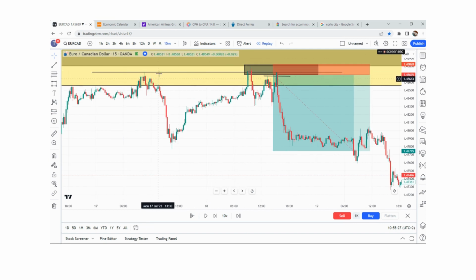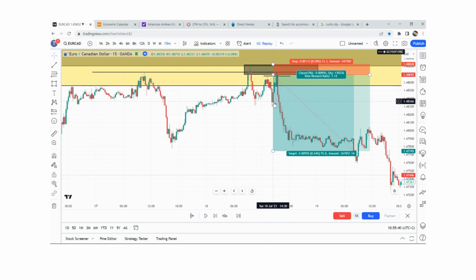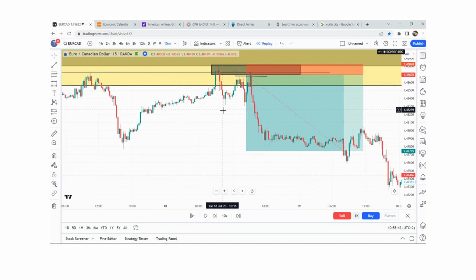Again, this is evidence that this supply zone is very strong, because it didn't even reach the supply zone and it dropped very quickly. But this is what we call liquidity, early sellers, and a lot of retail traders sell immediately here and put their stop losses.